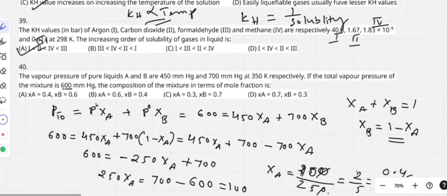When XA is 0.4, XB is 1 minus 0.4, which is 0.6. So we know XA is 0.4 and XB is 0.6. So option A is correct. XA is 0.4 and XB is 0.6.